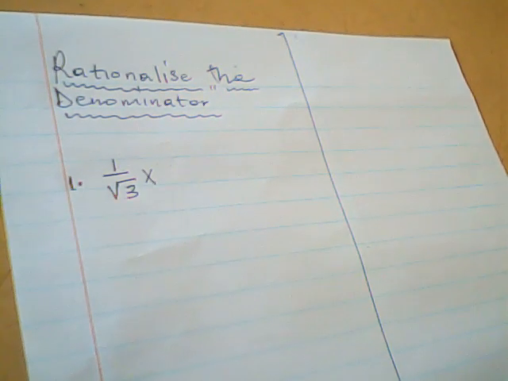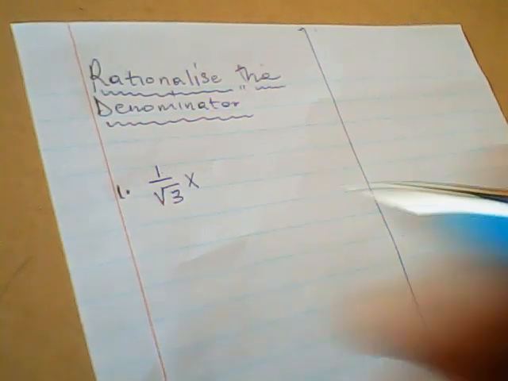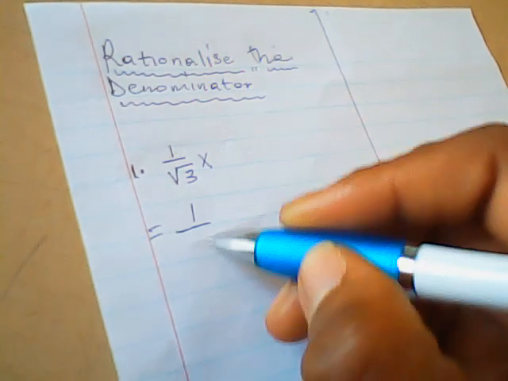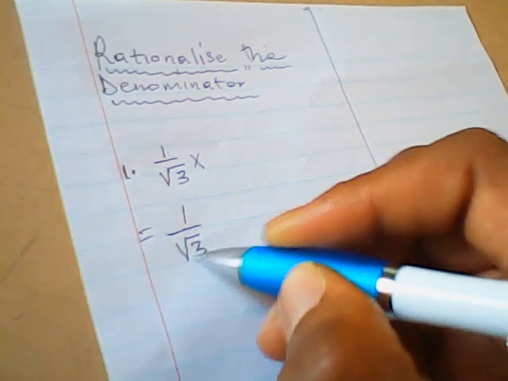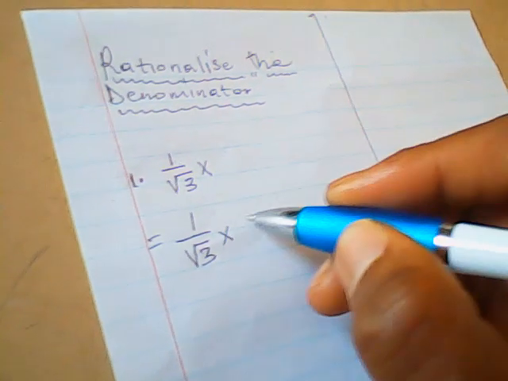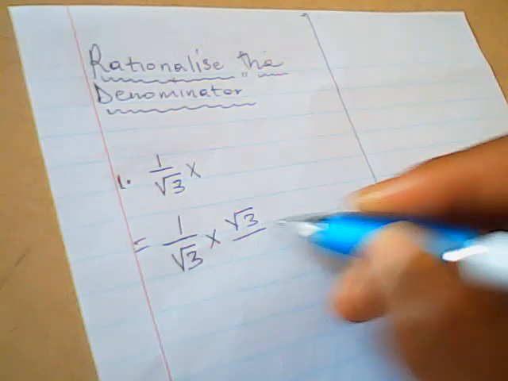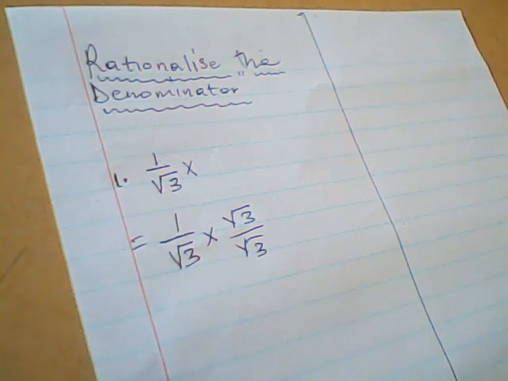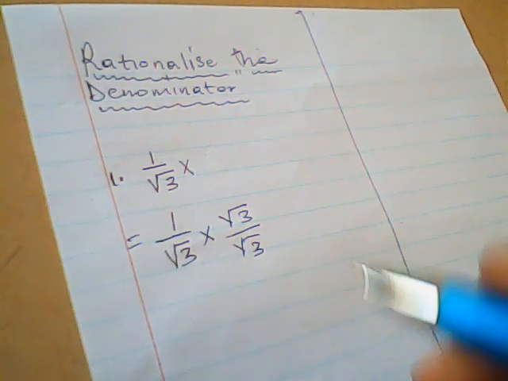Right. So we are going to say, okay, 1 over square root of 3 multiplied by square root of 3 over square root of 3, so that we get rid of the surd in the denominator.